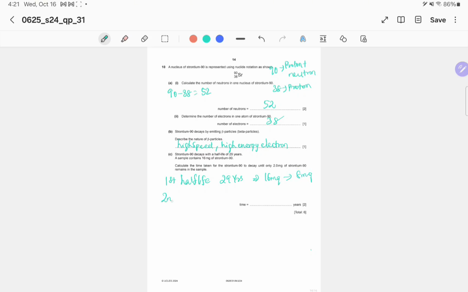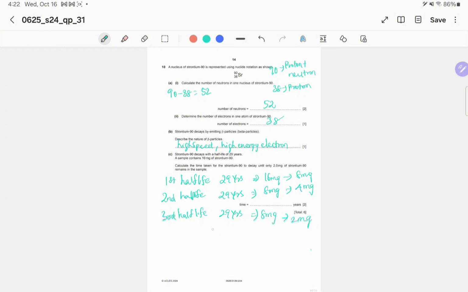In the second half-life, it is the next 29 years, so from 8 mg it reduces to half, it is 4 mg. The third half-life, again 29 years, so from 4 mg it reduces to 2 mg.